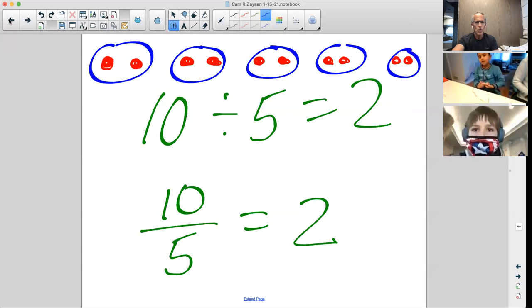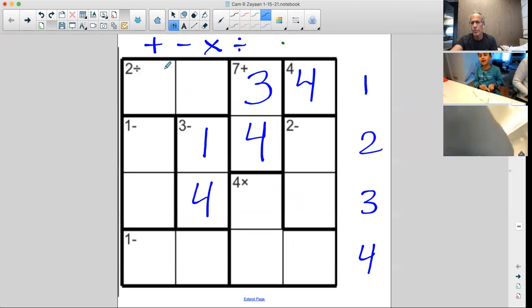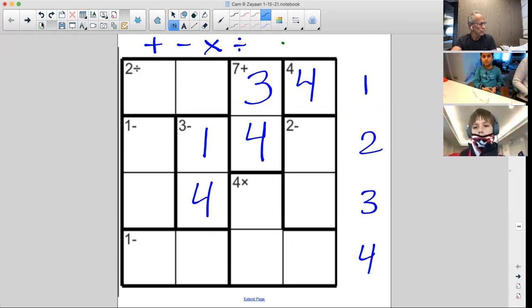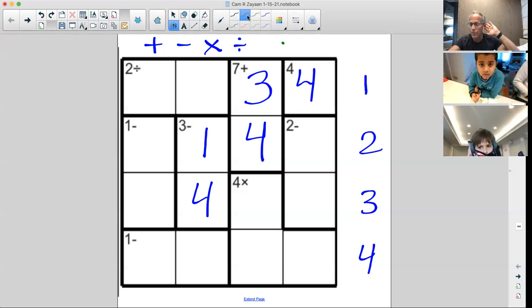So in this situation, what 2 numbers would divide to make 2? Either of you, Cam, or I'll try to do it. Come on, you only have a 1, a 2, a 3, and a 4. So which number divided by which number equals 2?